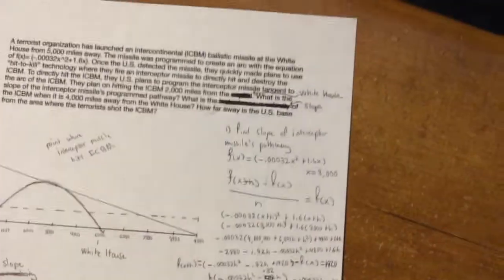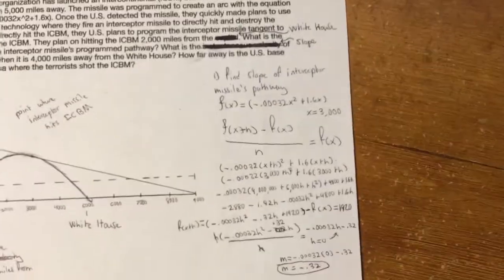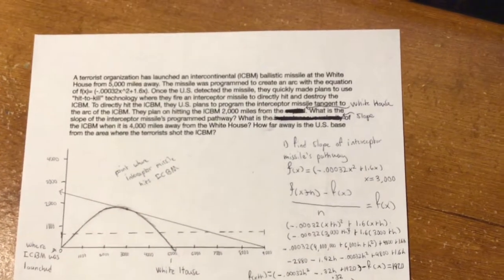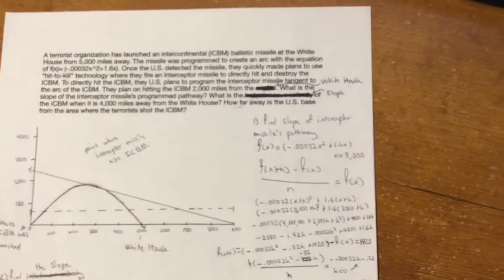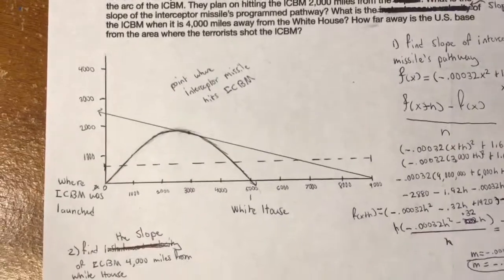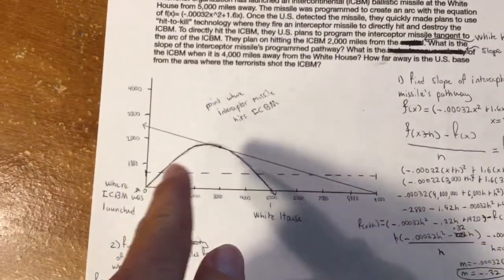Alright, well, the first question was to find the slope of the interceptor missile's pathway. And to do this, we said that it is going to be tangent to the arc of the ICBM. So if you look at this graph, the parabola right here is the arc of the ICBM.